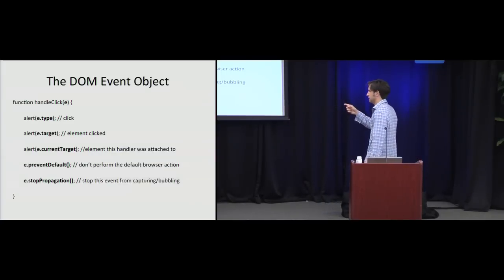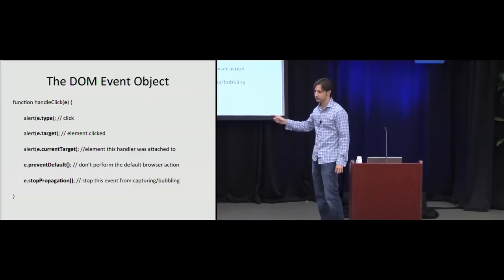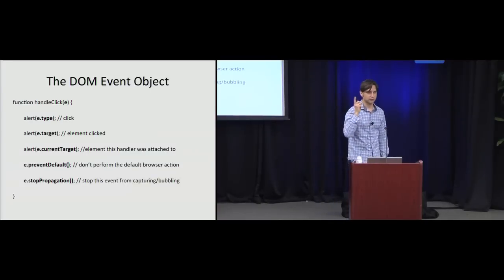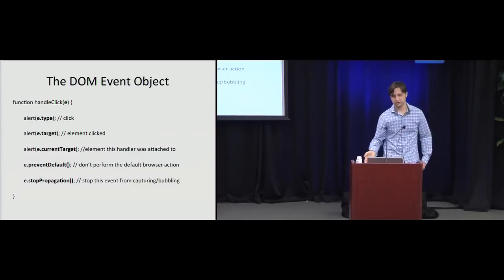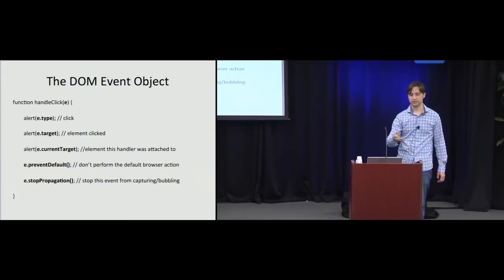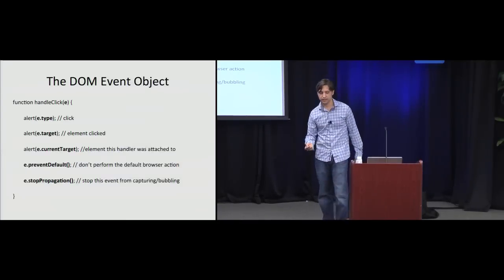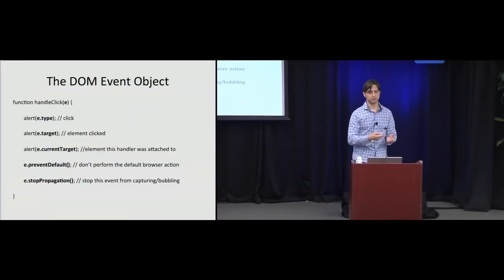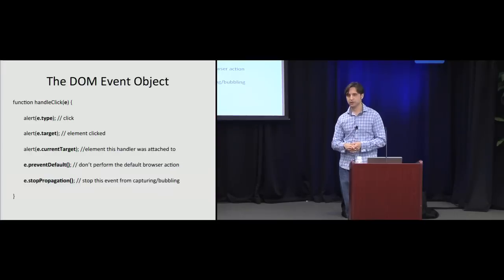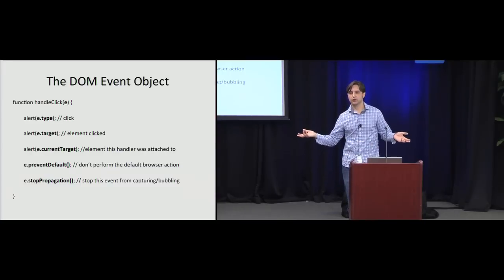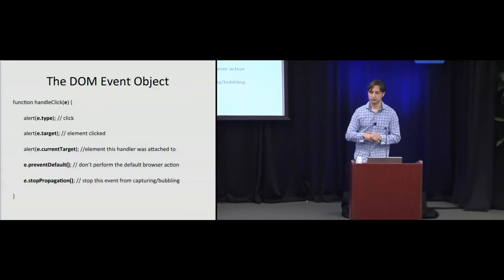The other thing is that you have the option to prevent default, which basically tells the browser whatever your default action is, don't do it. This is typically used on anchor tags. A user clicked on a link, like a like link or something like that. Don't go to a URL. I actually just want to handle this event myself. So you prevent the default action. That does not stop the flow, right?